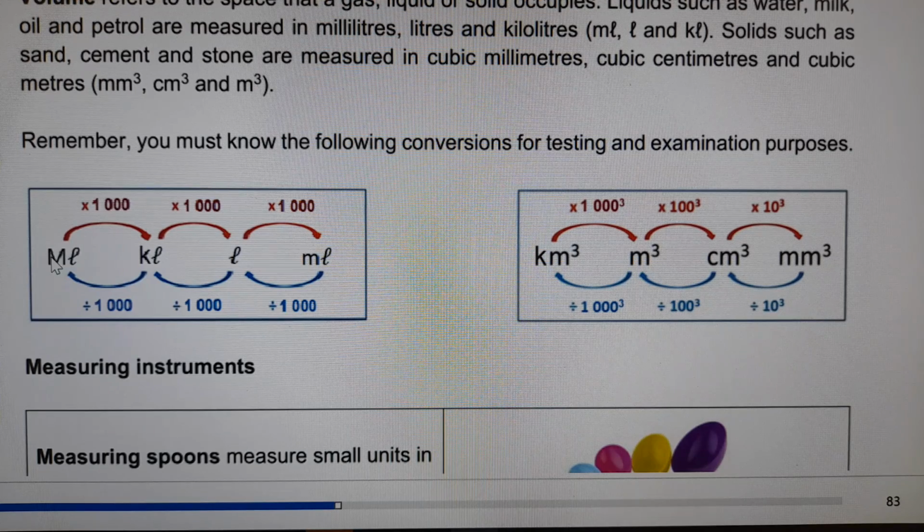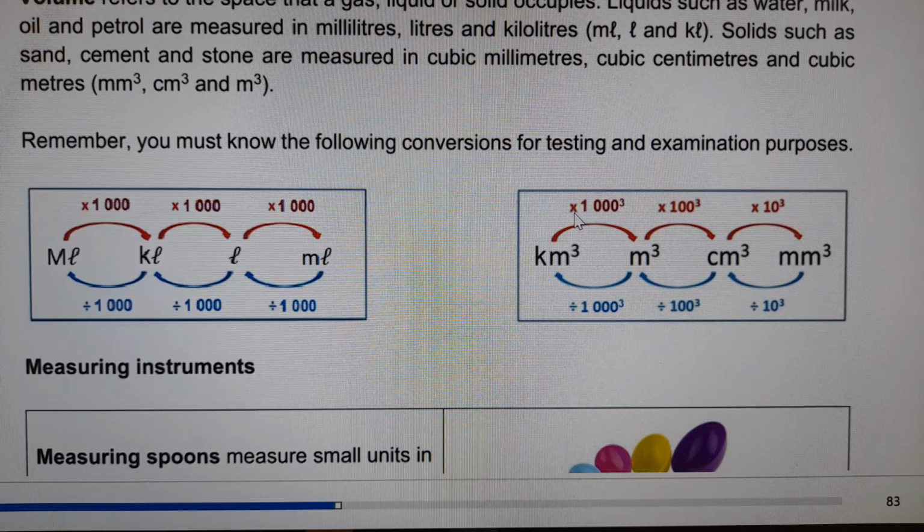Please take note, the M for mega is a capital M, and for milli it's a small m. So we have megaliter, kiloliter, liter, and milliliter, and the factor is 1000. If you go in the forward direction, you multiply by 1000. If you're going in the backward direction, you divide by 1000 for each and every step.